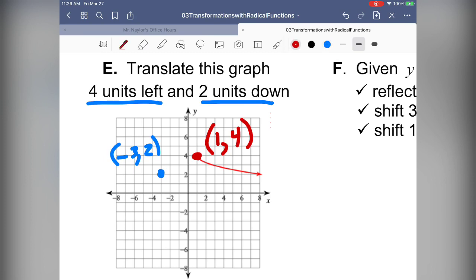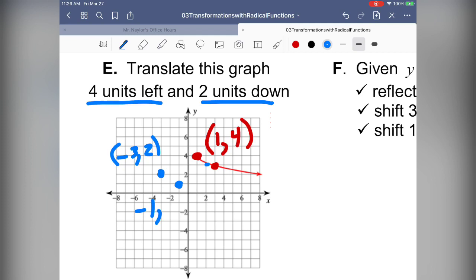Now, the truth is every point on this graph is going to transform. If we look carefully here, I believe we can say that there's the point 3, 3. Well, if you take the point 3, 3 and you move it, again, 4 units to the left and 2 units down, you're going to arrive at this new point. If we label that carefully, it should be the point -1, 1.